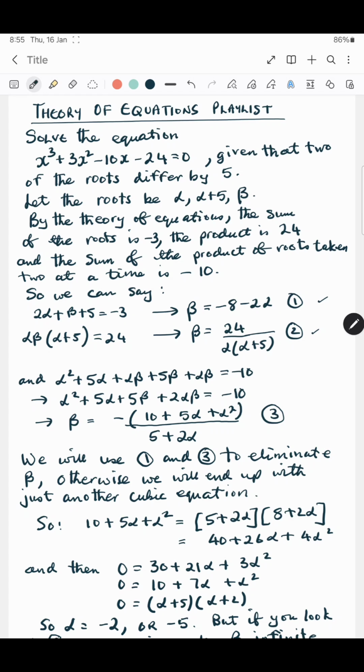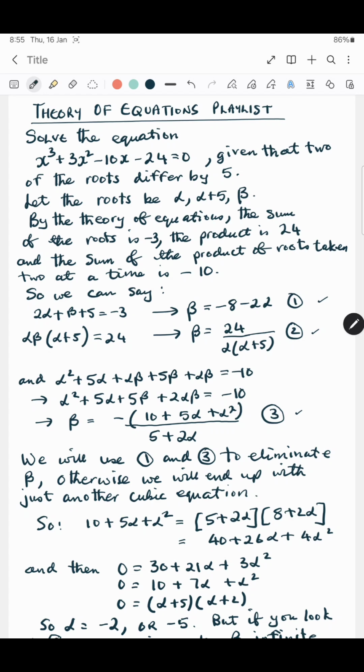Simplifying that, tidying it up, gives us alpha squared plus 5 alpha plus 5 beta plus 2 alpha beta is minus 10, from which we can quite easily get that the expression beta equals minus bracket 10 plus 5 alpha plus alpha squared, close bracket, all divided by 5 plus 2 alpha. That's equation number 3.